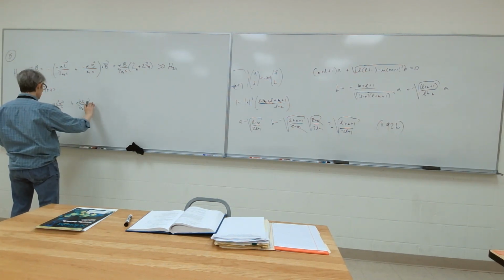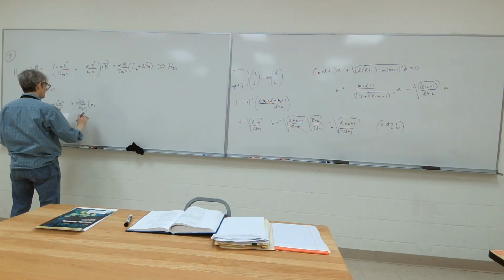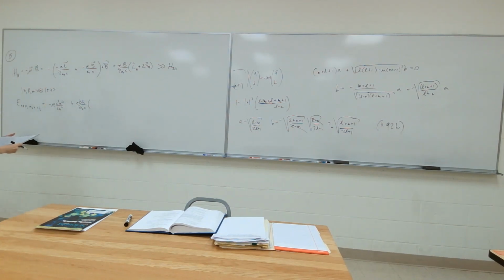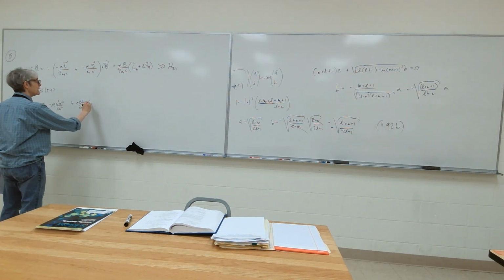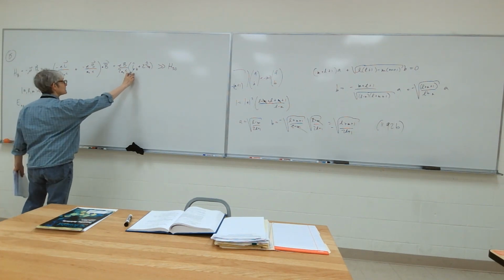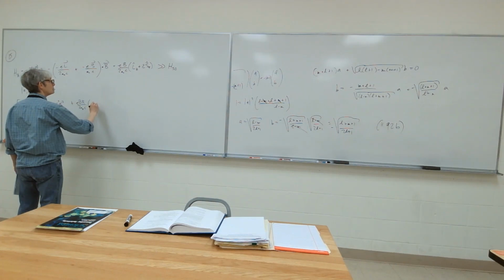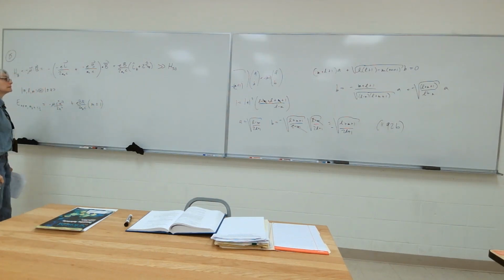Wait, did I put in the 2m_s? I guess I didn't. Sorry. So that will be, wait, that can't be right. These just give us m, and then these are plus or minus 1. Okay. So that's this m, not this m. So I put in both energies, and it just depends on which way the spin is.